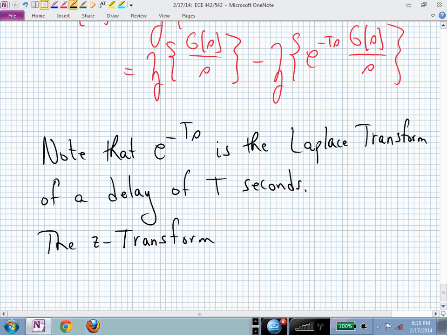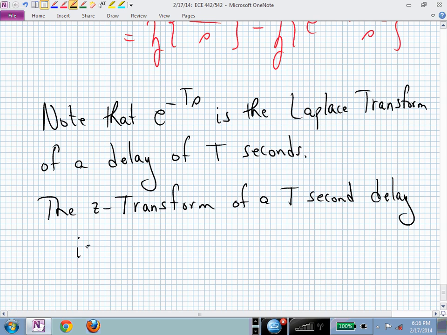It's one sample period. So now in the z transform domain, the z transform of a T second delay, that's just z to the minus 1.